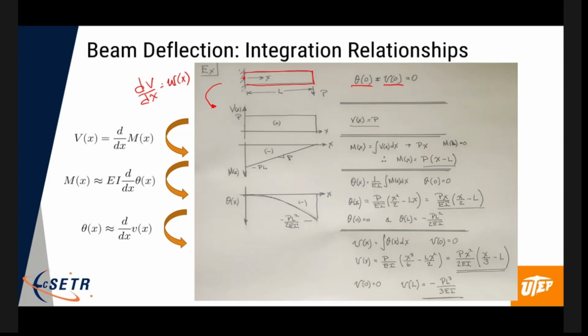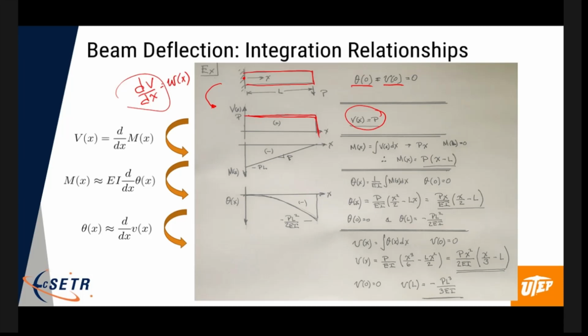There is no distributed load on here. So the slope of the shear curve is 0. It's straight. Okay, we know it's flat. And the first integration constant is such that on the right-hand side, we know the shear force has to equal P, right? So that means that you're going to have uniform shear across the entire beam, and it's going to equal P, the tip load, right? So here's our V of X curve, flat.